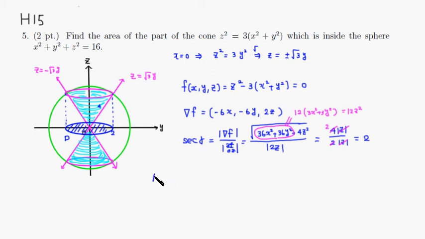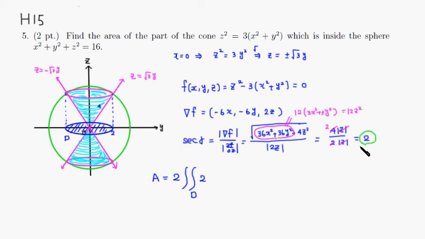So the surface area A is going to be, I'm going to do one piece and multiply by 2, so it's 2 times the double integral over this disk with radius 2. Secant of gamma came out to be 2, so that's 2, dx dy.